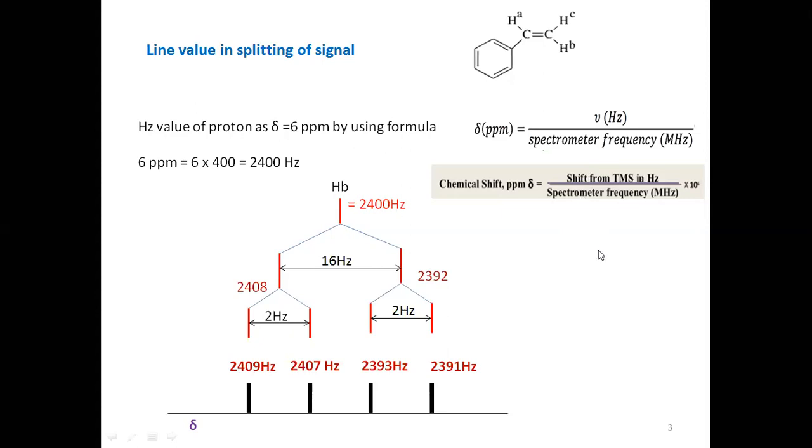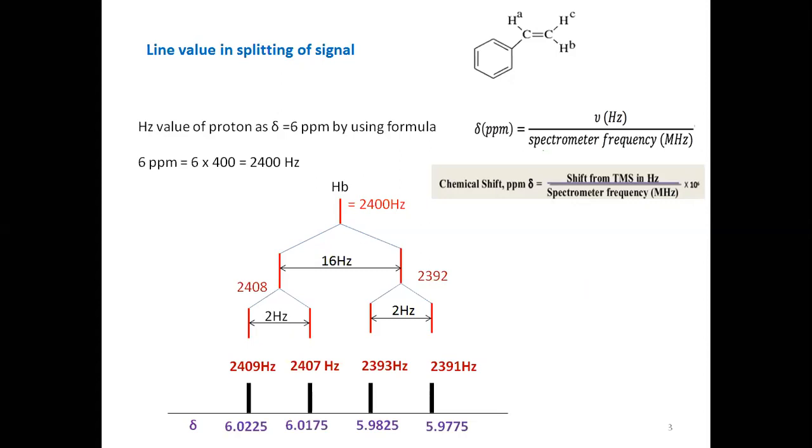Your machine frequency is 400. So just divide by the machine frequency, and you will get delta in ppm. That is the shift from TMS in hertz divided by machine frequency. The 10 raised to 6 cancels, so you get delta directly. By dividing by the 400 machine frequency, you will get the lines in delta ppm.